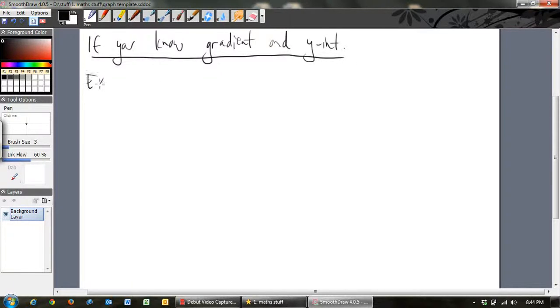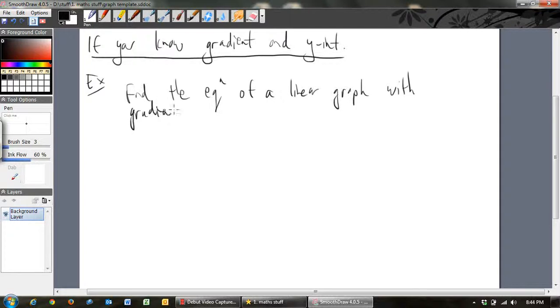So an example might be like this: find the equation of a linear graph with gradient of 3 and y-intercept of -2.